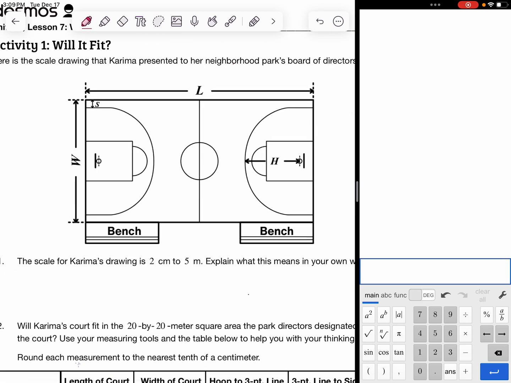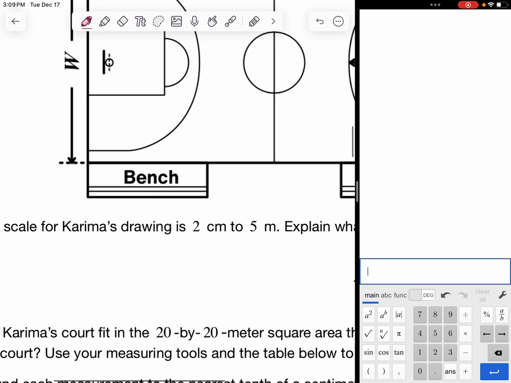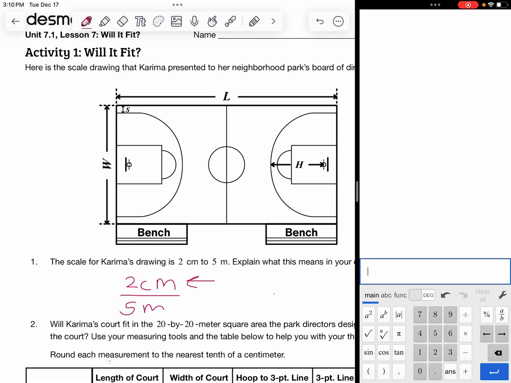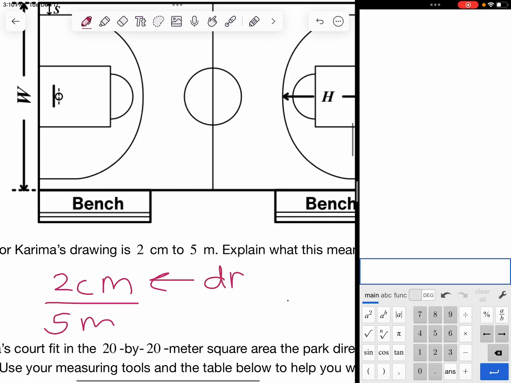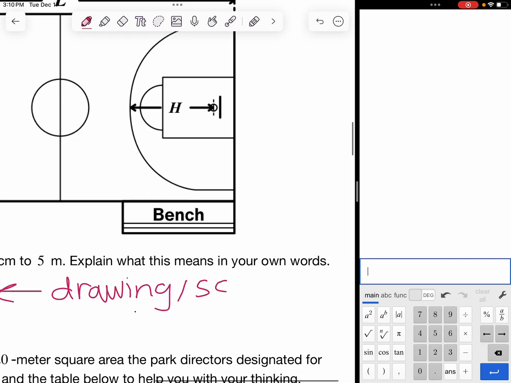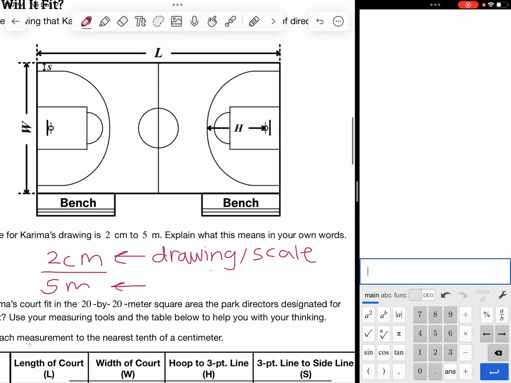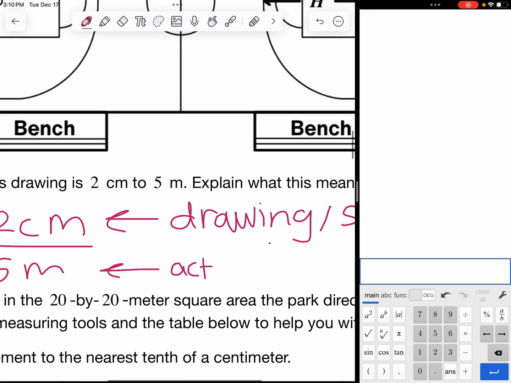Here's a scale drawing that Karima presented to her neighborhood's park board of directors. The scale for Karima's drawing is 2 centimeters to 5 meters. We need to explain what this means in our own words. This 2 centimeters is talking about our drawing, whereas the 5 meters is talking about real life, the actual length.